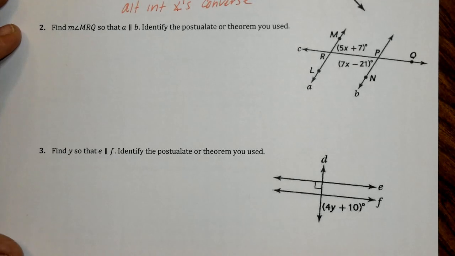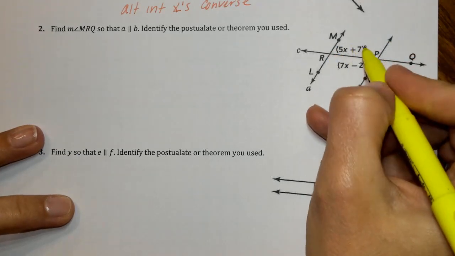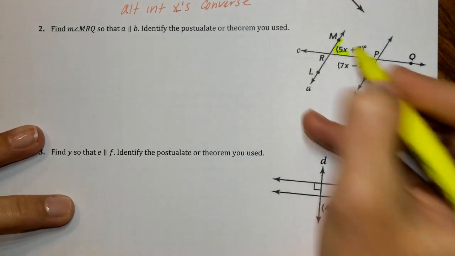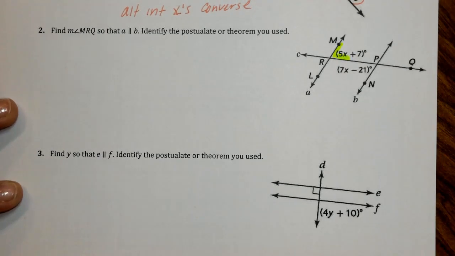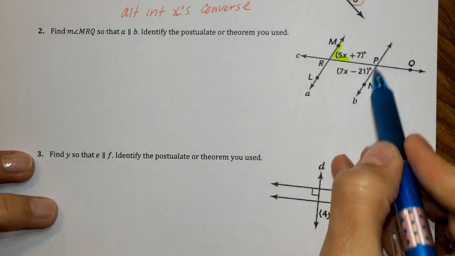All right, so now we're going to solve. We're going to find the measure of angle MRP. We're going to substitute in right here after we solve for x, and we're going to identify what theorem we used. The other angle they give us is over here, RPN.